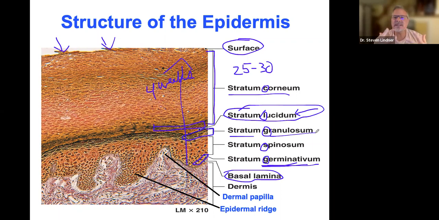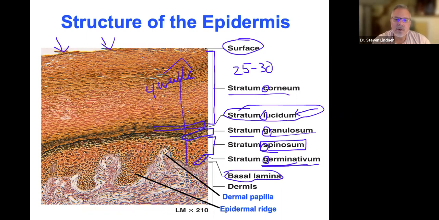Those granules degranulate and they release some lipids and some oils into the skin. Then deeper to that, we have the stratum spinosum, which looks like a spiny layer. Spinosum, it's spiny. And then the inferior most layer of the epidermis is the stratum germinativum or stratum basale, interchangeable terms. It's where we have the stem cells that can multiply and start pushing upward.